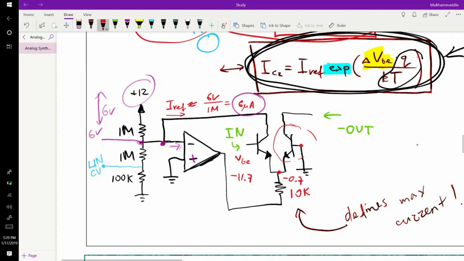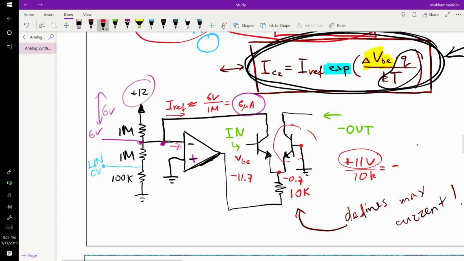It's probably going to be less than that, but let's assume that. Then you will have minus 11 volts drop over the 10k resistor. I'm reminding you that we're taking minus 11 volt because that's the maximum voltage the op amp can provide at the output, because it will hit one of the rails, a negative rail in this case. So it's minus 11, so it's actually an 11 volt positive drop across this resistor. Is it?